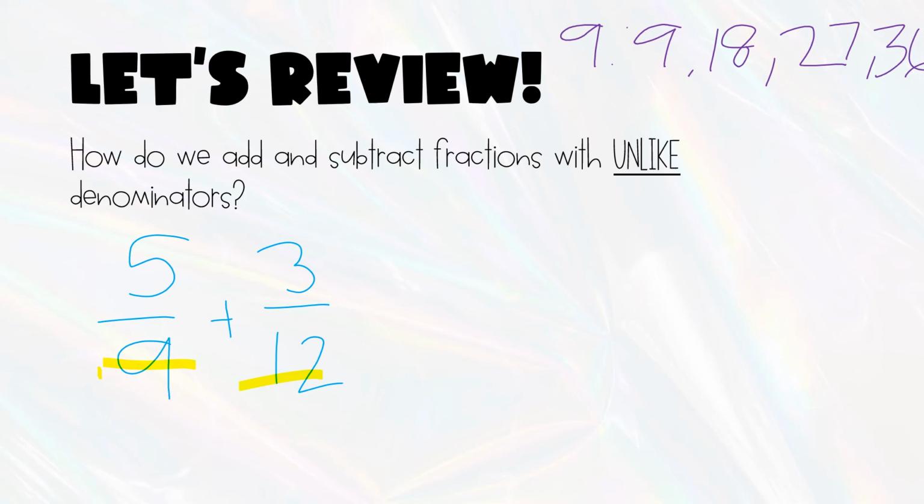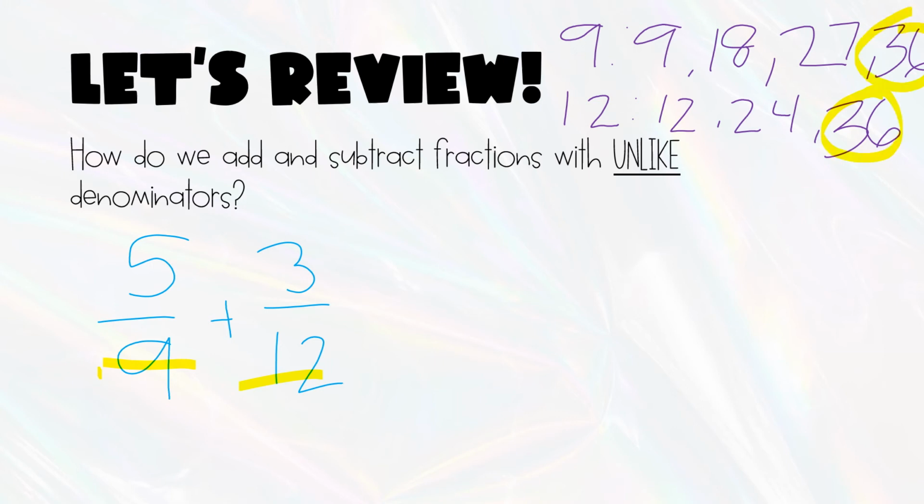Sometimes you have to do it more times. But we'll do it 4 times for right now. And then I'm skip counting for 12. So I have 12, 24, 36, and I'm going to stop there because I see that they have a number in common, which is 36. So my LCM is 36.